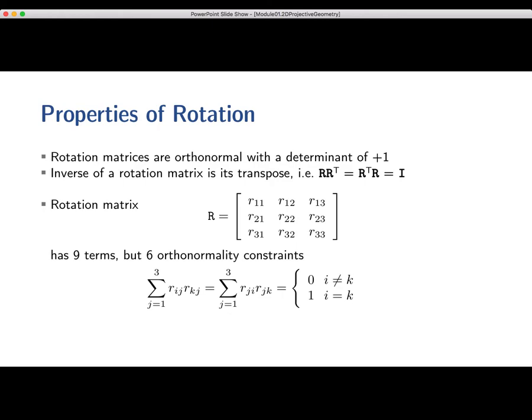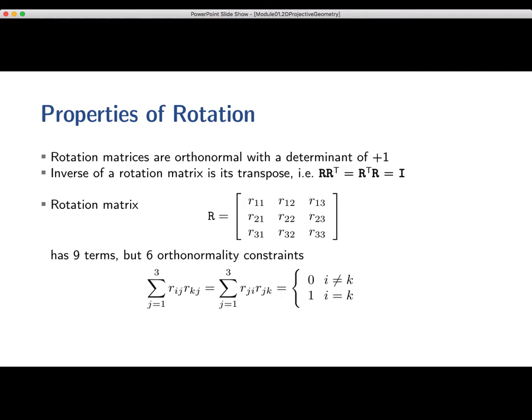And if i is not equal to k, which means you are doing the dot product of 2 different rows or 2 different columns, that would be 0. So that's the 3 constraints that you have. You can do it either column-wise or row-wise, but that's 3 constraints saying each column has a norm of 1, and 3 constraints saying the dot product of column 1 and 2, the dot product of column 1 and 3, and the dot product of column 2 and 3 should be 0.